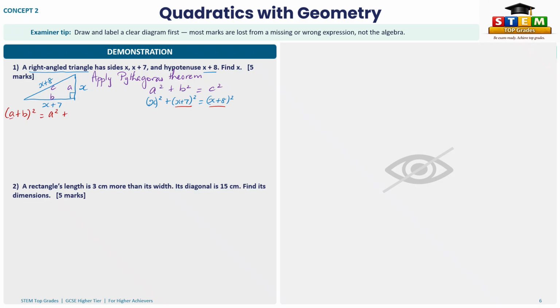So the first term is squared, and then you double a times b, which is going to be 2ab, and then you square b, which is going to be b squared. If you want, you can still do a plus b times a plus b, multiplying those two brackets, and you will end up having a squared plus 2ab plus b squared. So that's a shortcut we are using, and we're going to apply this in that case.